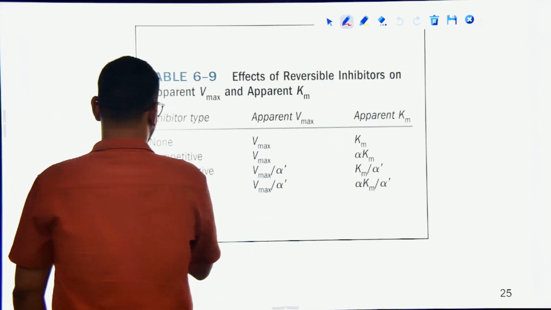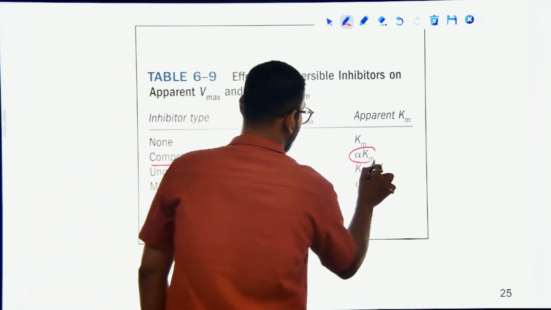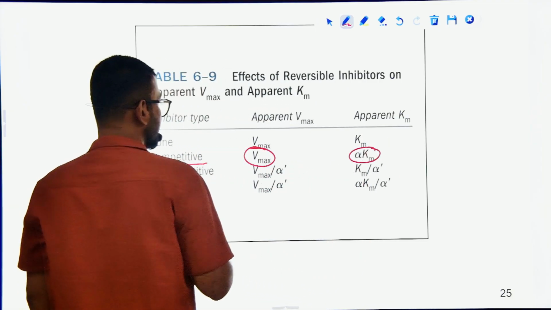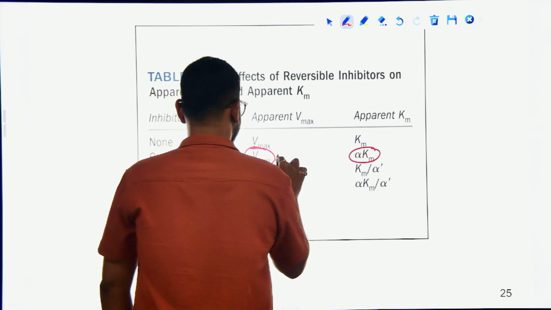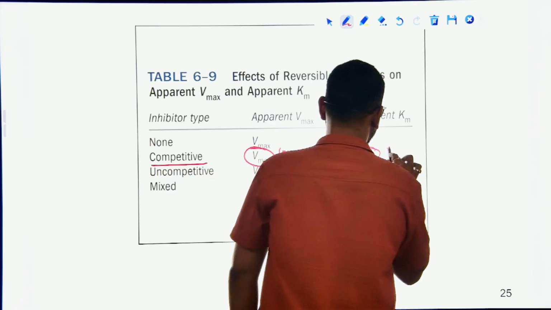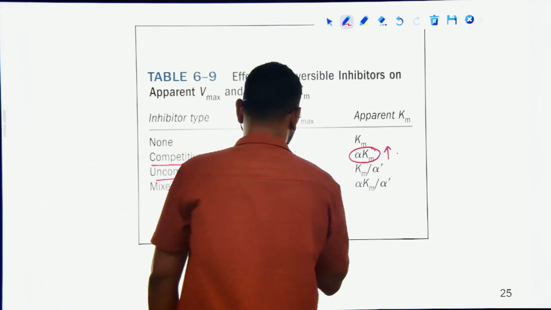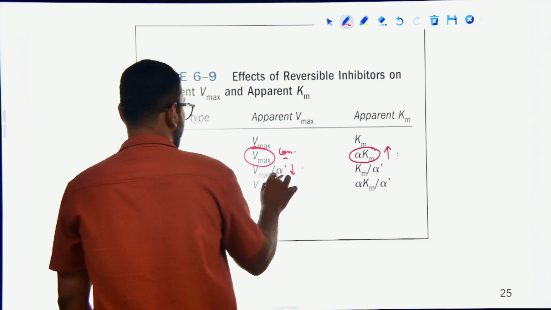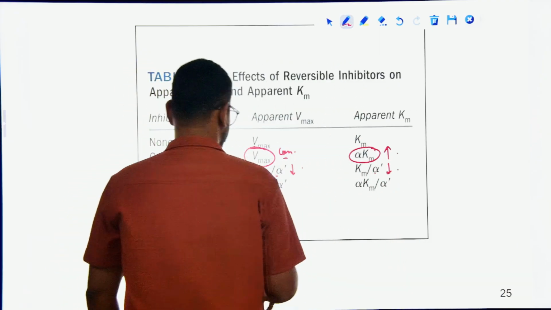So for competitive inhibition, Vmax is constant and alpha Km is increasing. Uncompetitive inhibition, Vmax decreasing by a factor of alpha dash, and Km also decreasing by a factor of alpha dash.